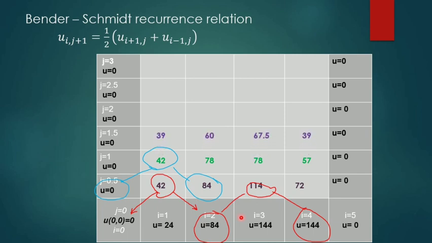Each next row above is obtained using the current row: just add these two to get the value of this. That's all. This can be extended till infinity, so at any time point you can find the value of u.